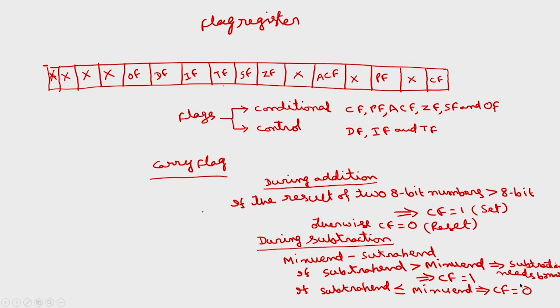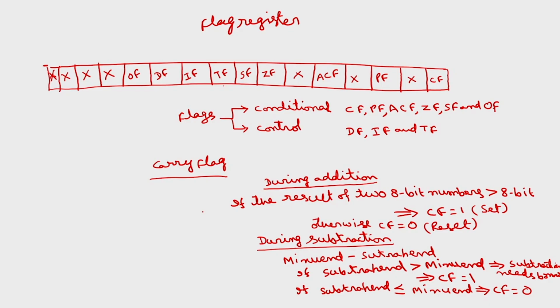So, this is the case whether it is an 8-bit number or 16-bit number. If you want to perform the subtraction of two 8-bit numbers or two 16-bit numbers, if subtrahend is greater than minuend, then the carry flag will be set. If subtrahend is less than or equal to minuend, then carry flag will be reset.